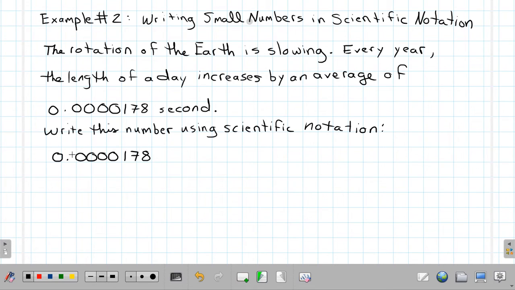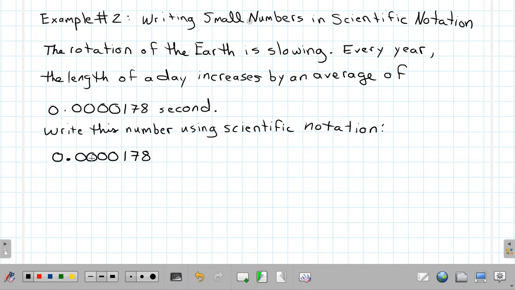Once again, we need to know where the decimal place is, so I always like to put the 0 in front, but the decimal place is after the first 0 that's in the ones place here. So once again, the decimal always goes after the ones place. Now, we need to go through and we need to find the first non-zero number. Well, this is a 0.